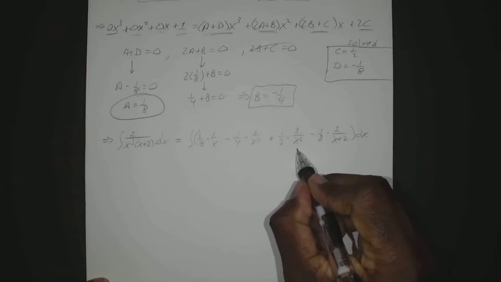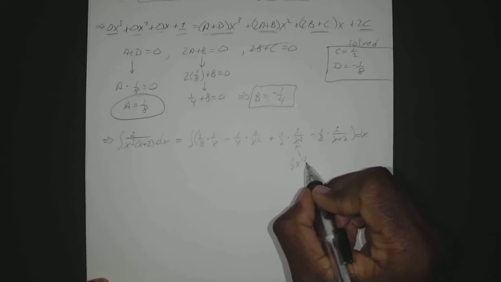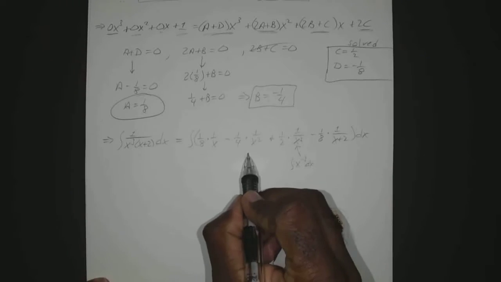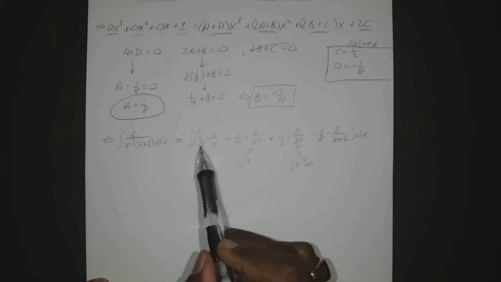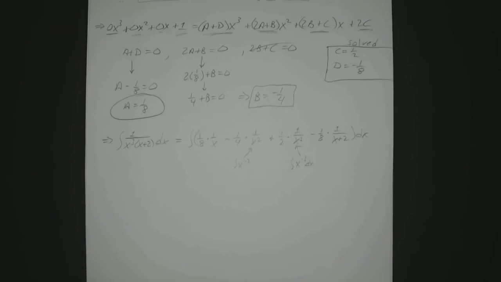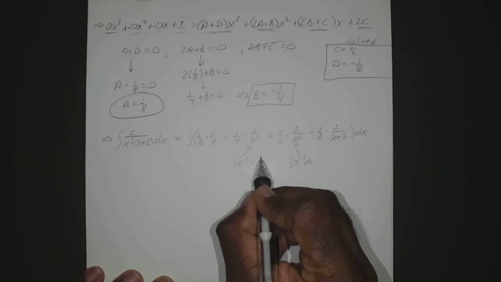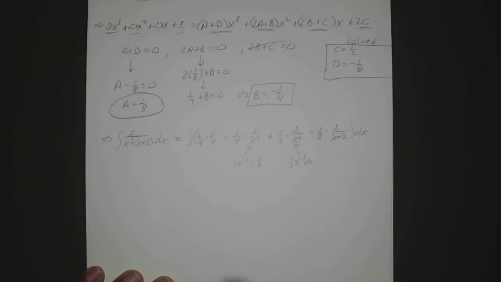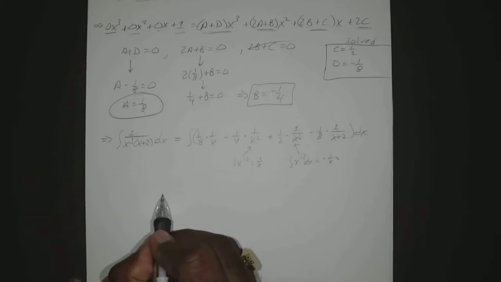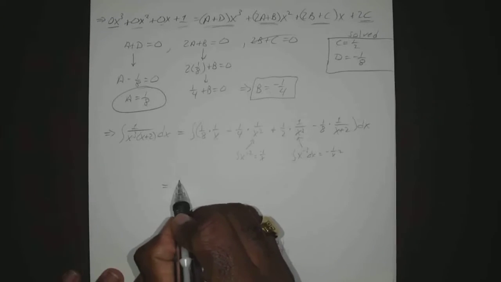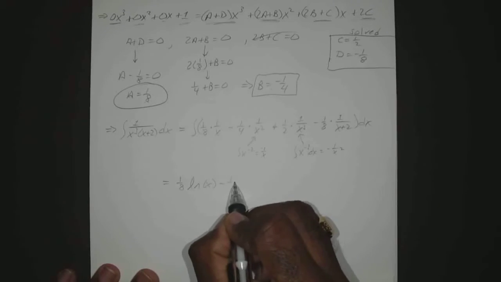Okay, so this one will just end up being the integral of x to the negative 3, and this would just end up being the integral of x to the negative 2. Both of these would be natural logs, so they're pretty quick. So this will end up being negative 1 over x, and this will end up being negative 1 over x squared. So you get 1/8 times the natural log of x, minus 1.